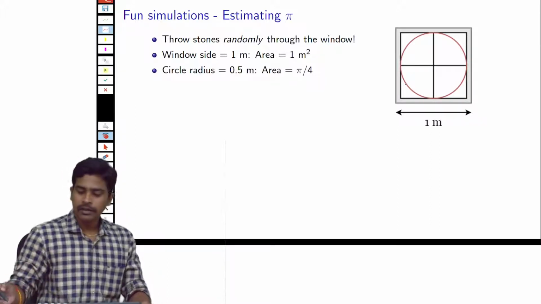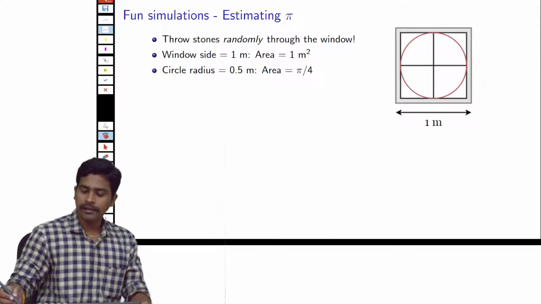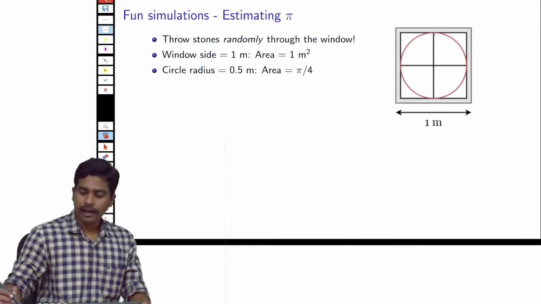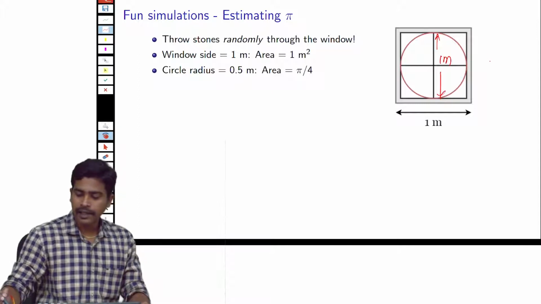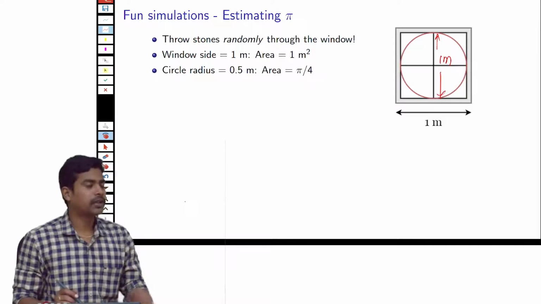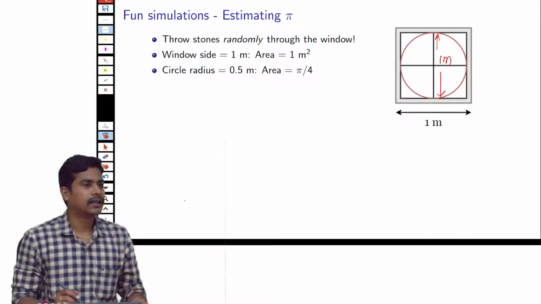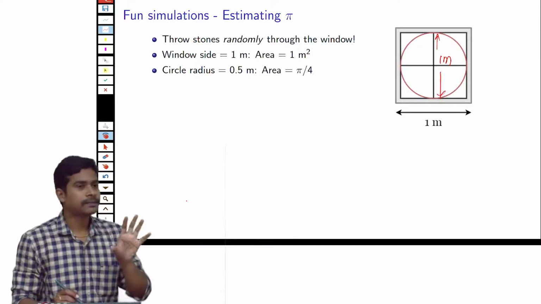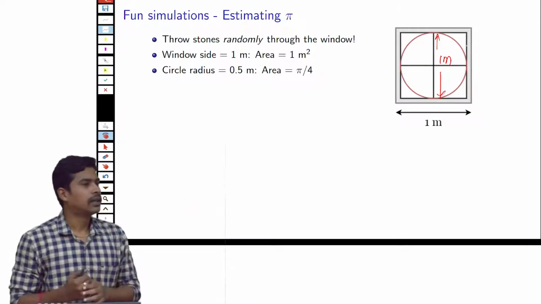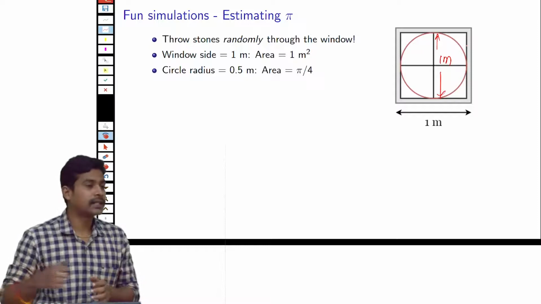Okay, so just imagine an imaginary circle inside this window, and the diameter of this imaginary circle is also 1 meter, just like the window. Suppose you are throwing 100 stones inside that window, and you somehow can figure out how many stones are going through this imaginary circle.